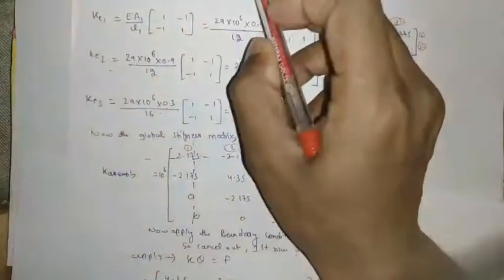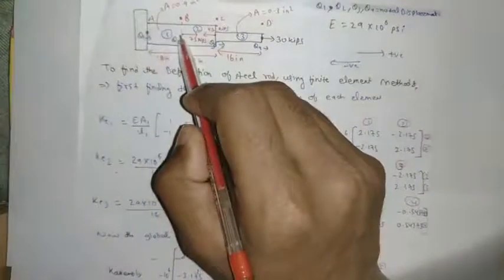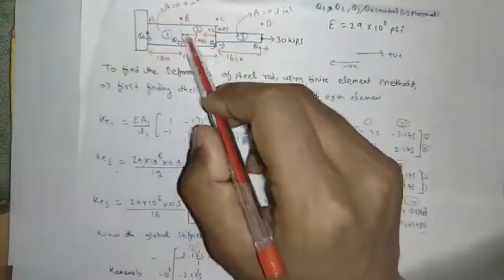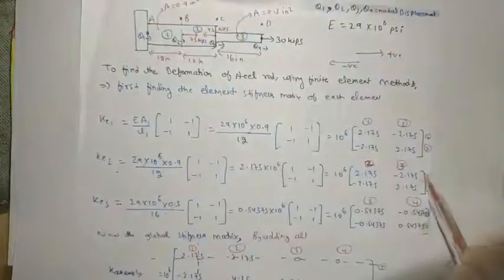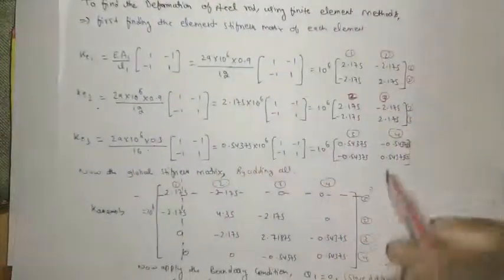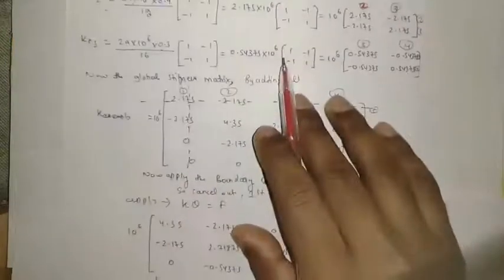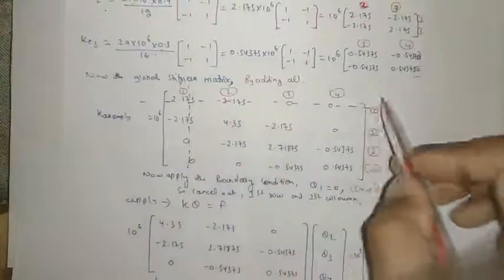The third element has nodes 3 and 4, so 3 4 and 3 4, and here we substitute the 3 4 values. Now we get the global stiffness matrix by adding all these values over 1 2 3 4.